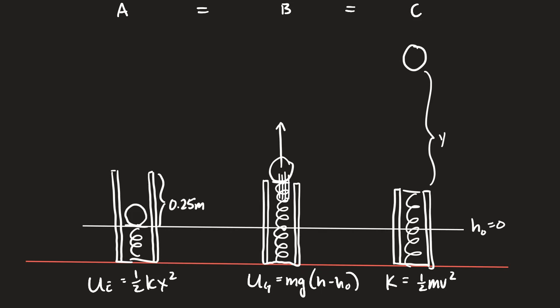If it's not moving, there's no kinetic energy. Is the object above the reference level? No, it's at the reference level, so there's no gravitational potential energy. Is the object in cooperation with a spring or a piece of elastic? Yes. So at that instant, there is elastic potential energy.